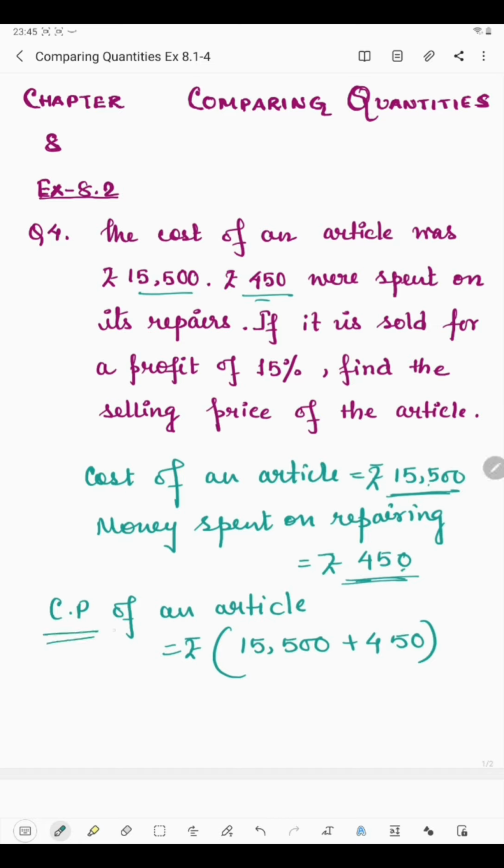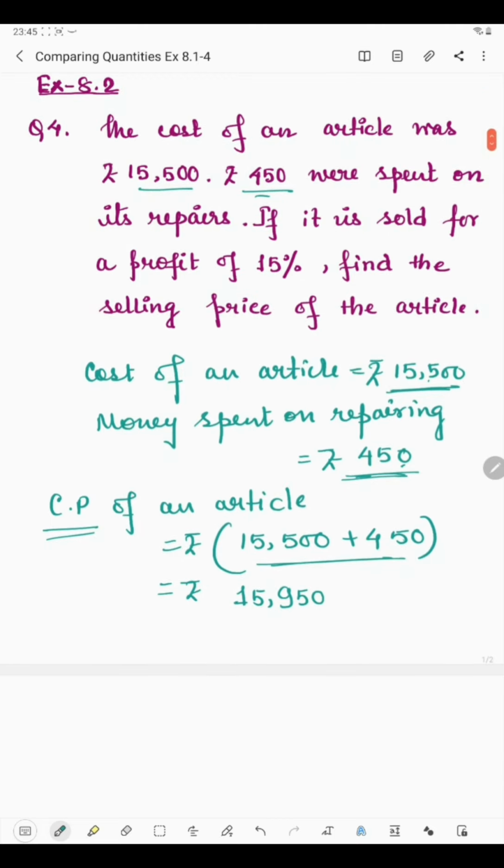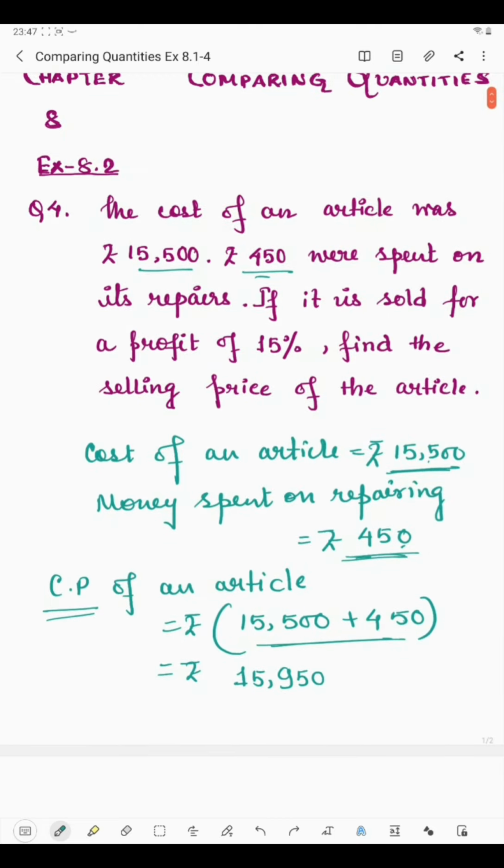So this is only the cost price. When we add these two, then we will get the total cost of the article. Okay. So if you add this, 0 plus 0 is 0, 5 plus 0 is 5, 4 plus 5 is 9, and then 5 and 1. Okay. This is the cost price of an article.